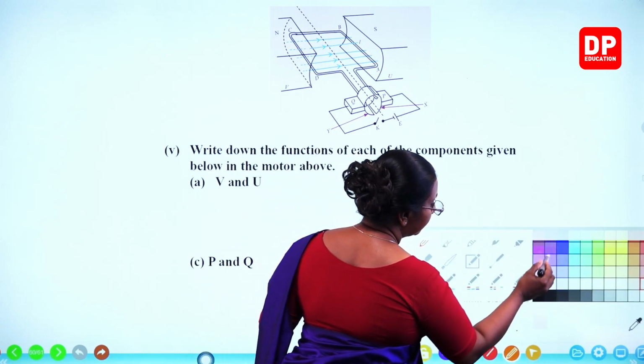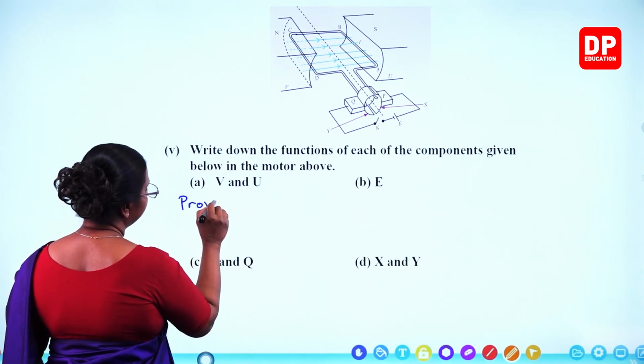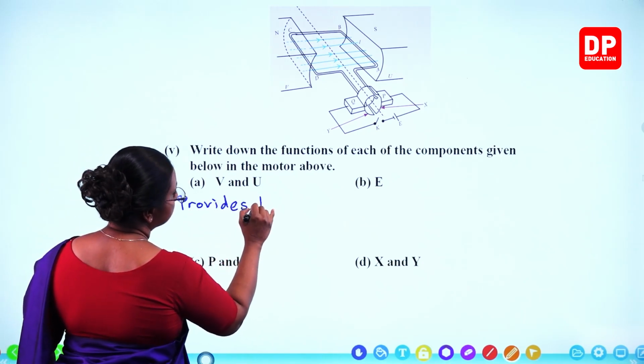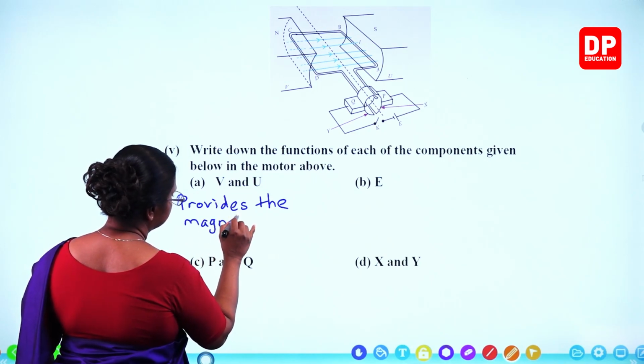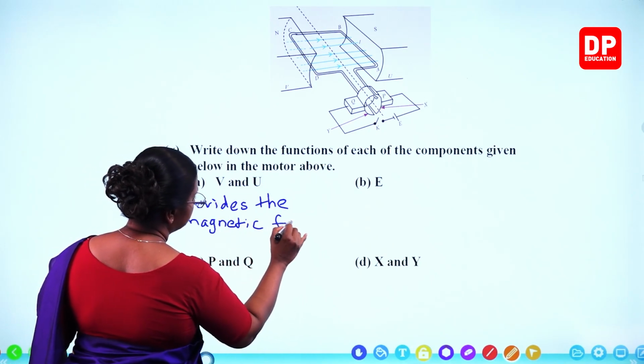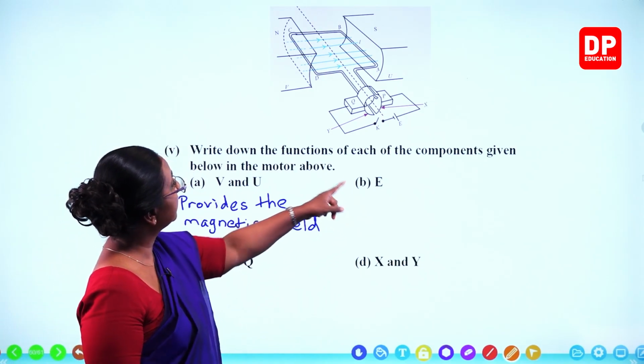I'll rewrite that. So here it provides the magnetic field.